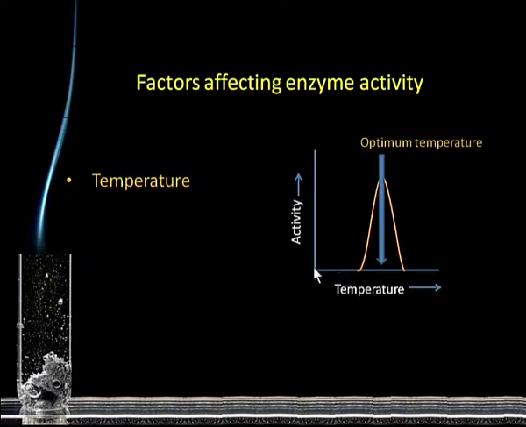The third factor that influences the enzyme activity is the temperature, about which we have just made a mention earlier. How does it affect? At lower temperatures and at higher temperatures, enzyme activity is almost nil.